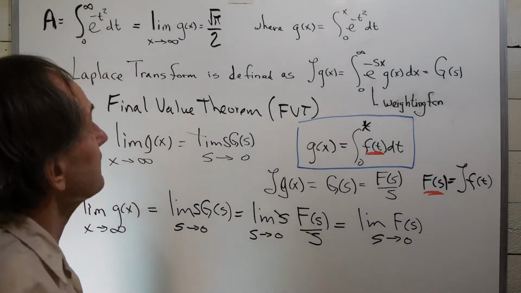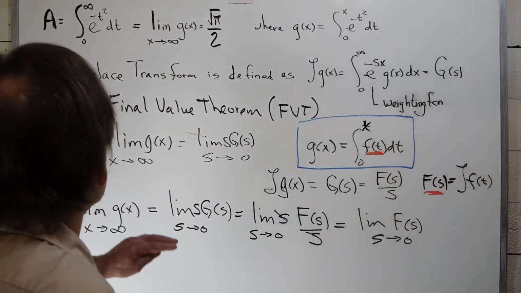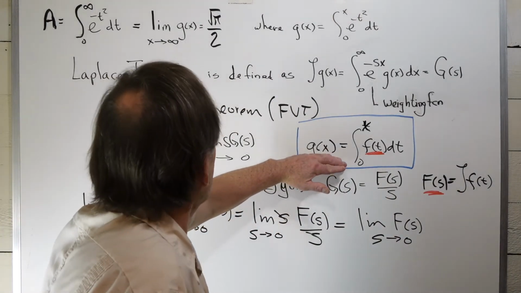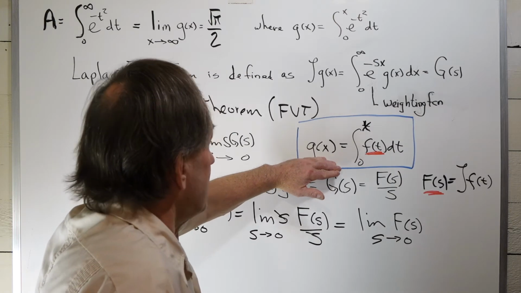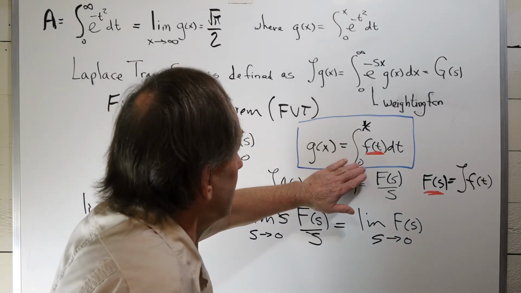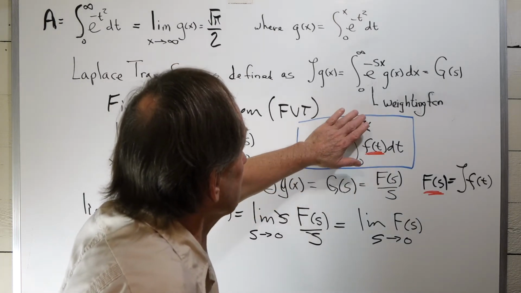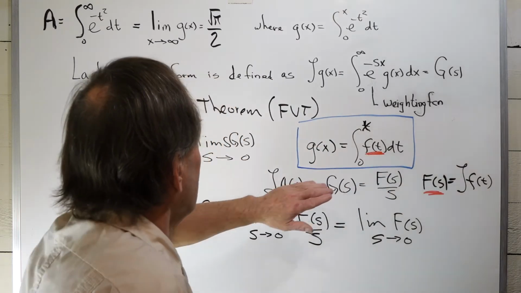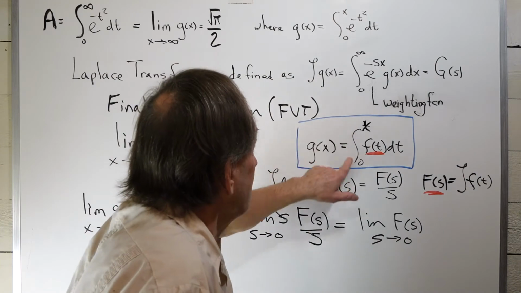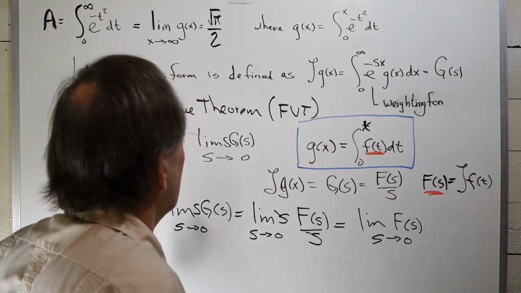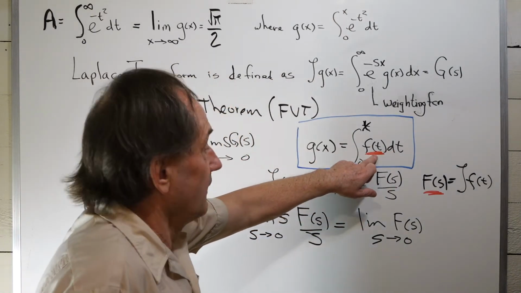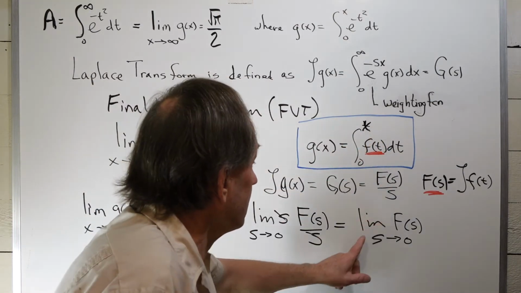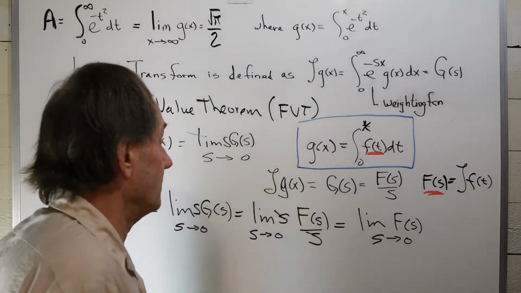So we have a very interesting result here: the limit of g of x as x goes to infinity, where we get an improper integral from 0 to infinity of f of t, the value of that integral will be nothing more than the limit of the Laplace transform of the integrand as s goes to 0.